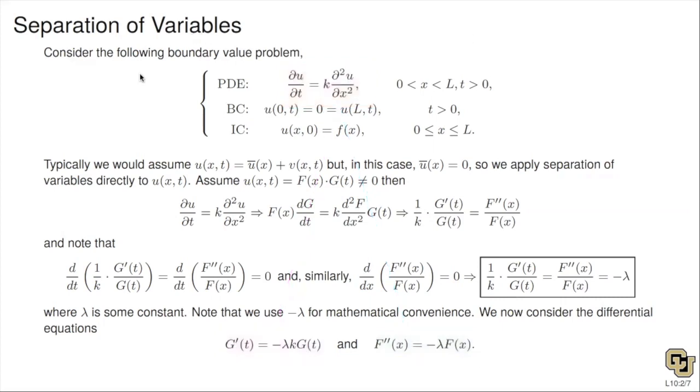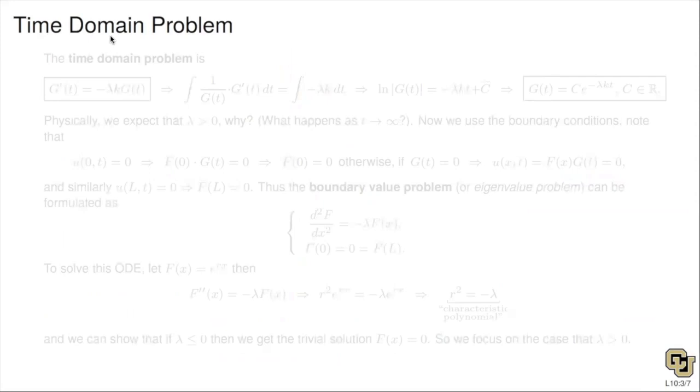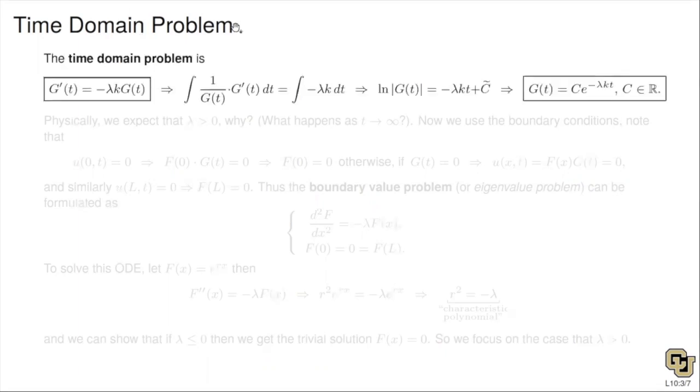So we solve what's called the time domain problem, or the t variable problem. So here is g prime of t equals minus lambda k g of t, and be sure you know where we got this equation from. It's on the previous slide.